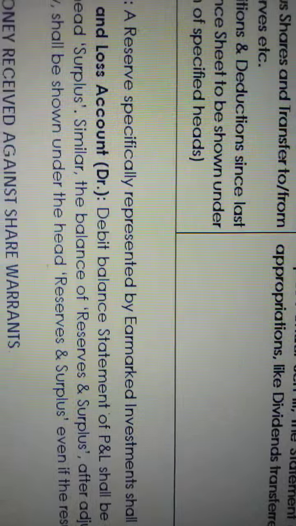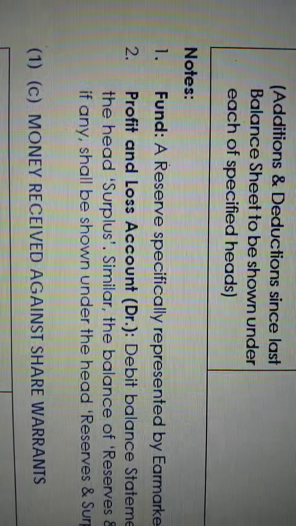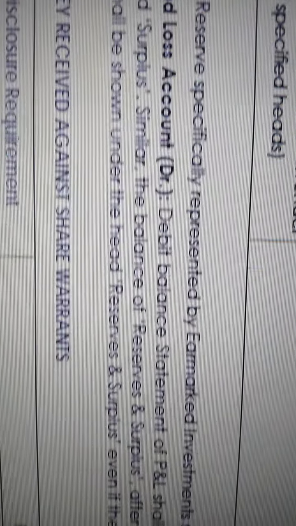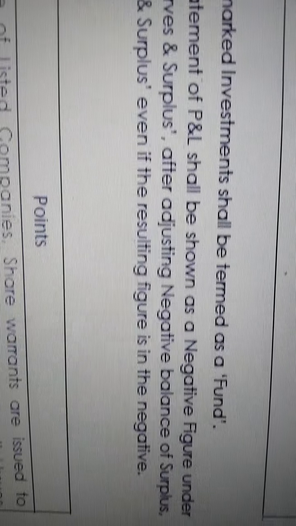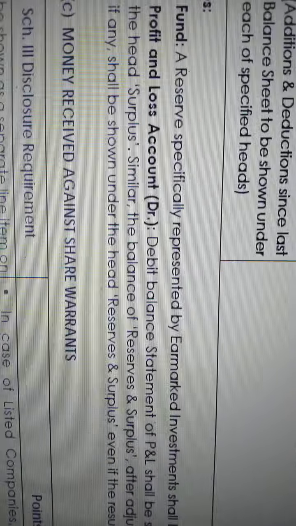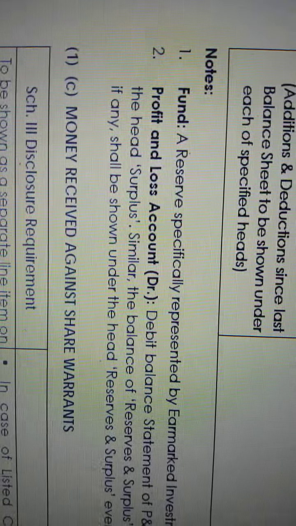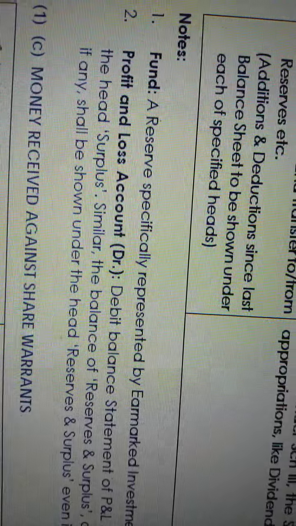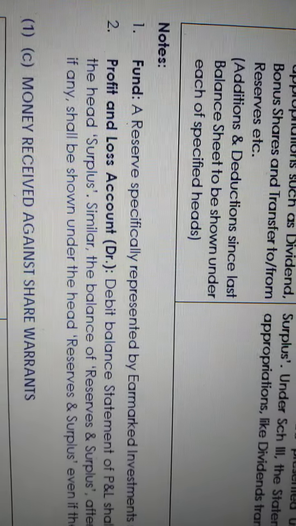That is what is given here. Read here: debit balance of statement of P&L shown as a negative figure under the head surplus. Similarly, the balance of reserves and surplus after adjusting the negative balance of surplus, if any, will be shown under reserves and surplus even if the resulting figure is negative. Okay, that is what they are trying to say. Debit balance should be adjusted with my reserves and surplus. Net reserves and surplus only I have to present.